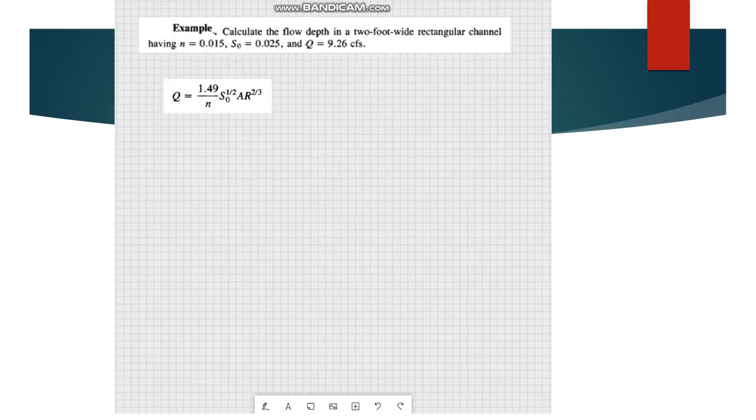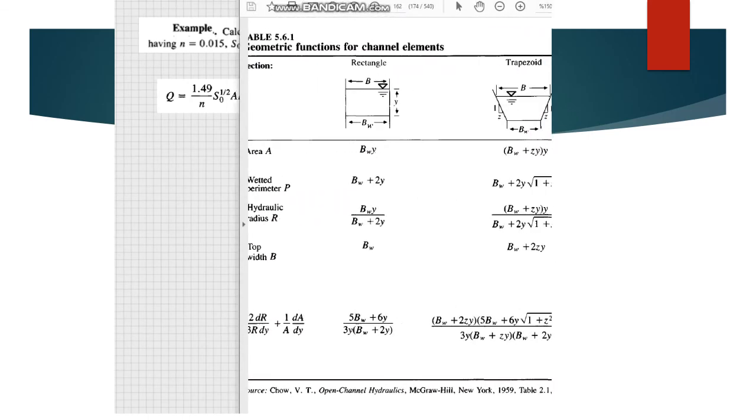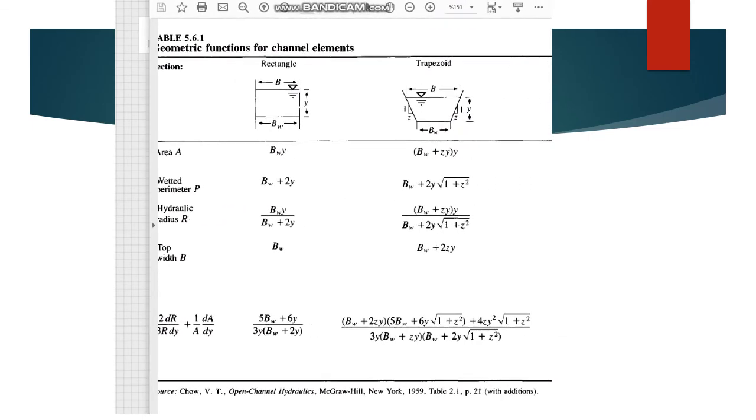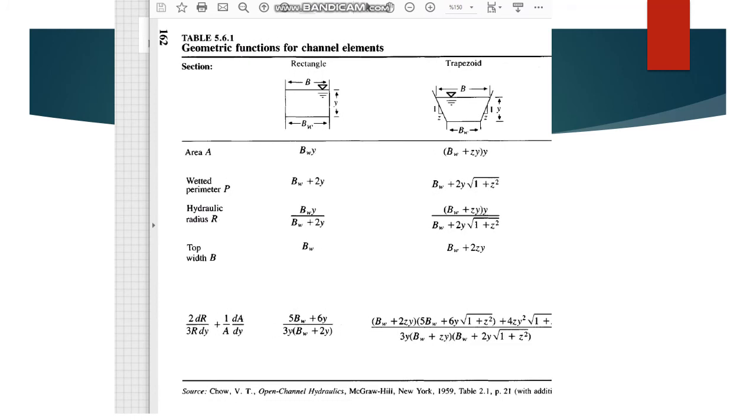We use here the rectangular channel, right? So let's go back to our table.